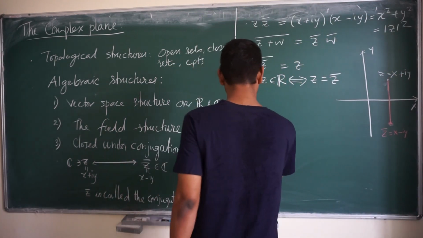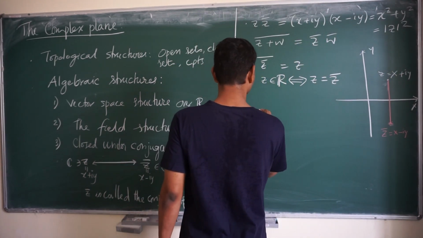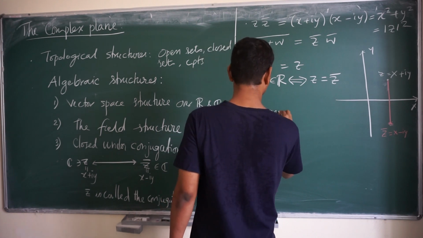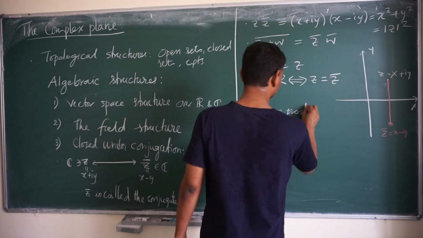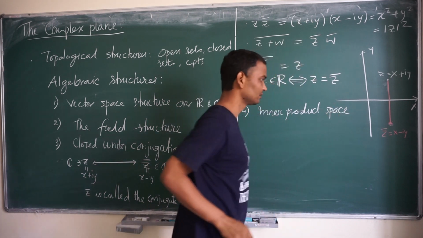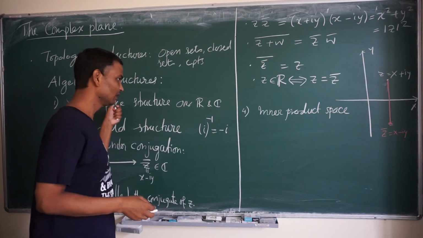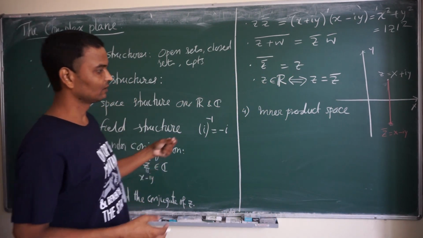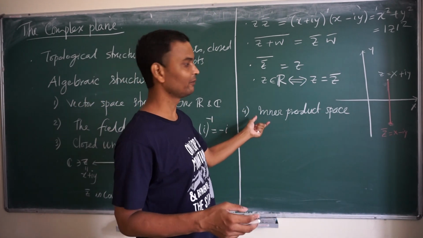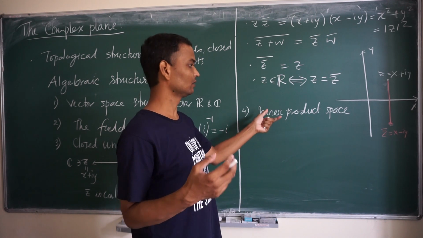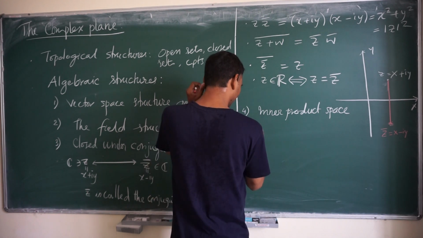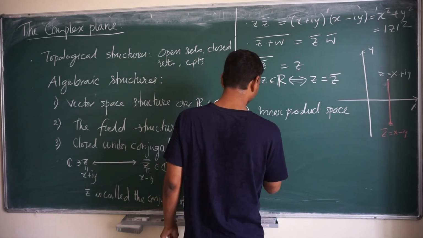Now the fourth one: inner product space. C is of course a vector space over R and C. C has also an inner product structure. We will be interested in the inner product structure with respect to C. So let's define the inner product.